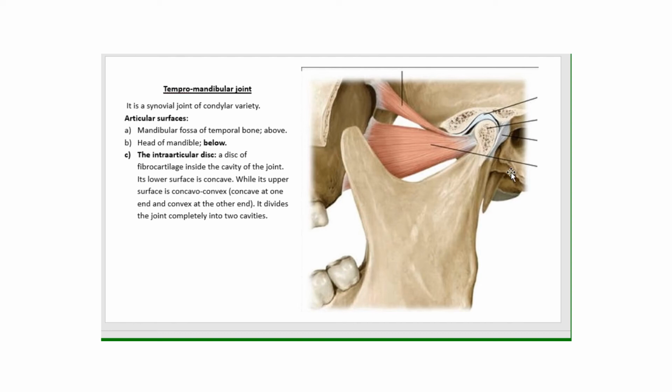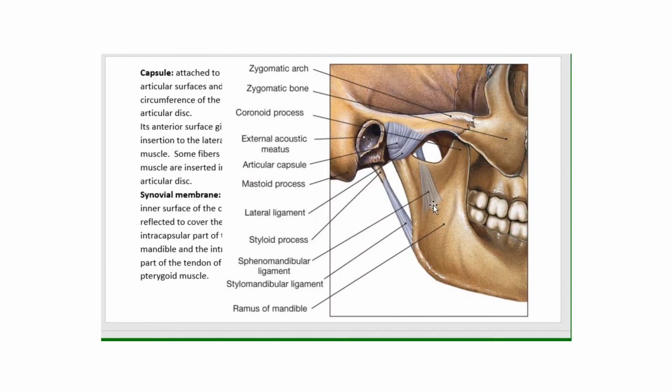These are the articular surfaces: head of mandible, mandibular fossa of temporal bone, and intra-articular disc. After the articular surfaces, we see the capsule and the ligaments.